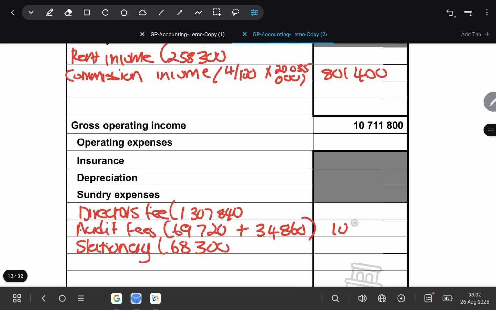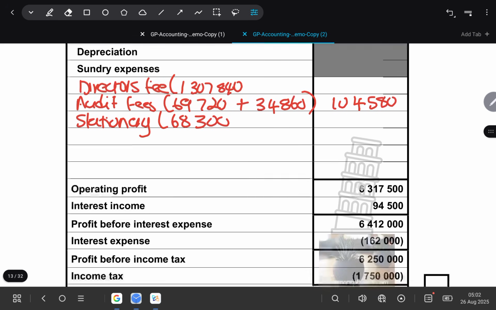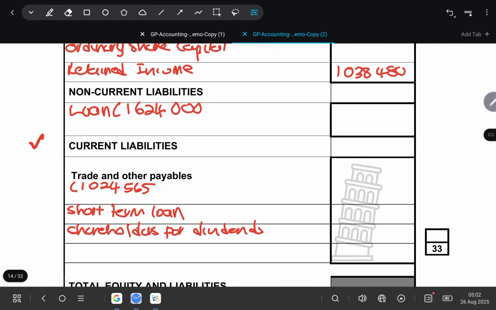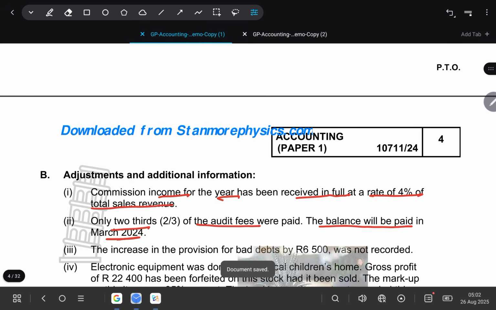So we'd have that 104,580. Now this 34,860 is owed, so it must be under payables. So we'd say under payables, we'd say plus 34,860. Okay, and then from there you move on.